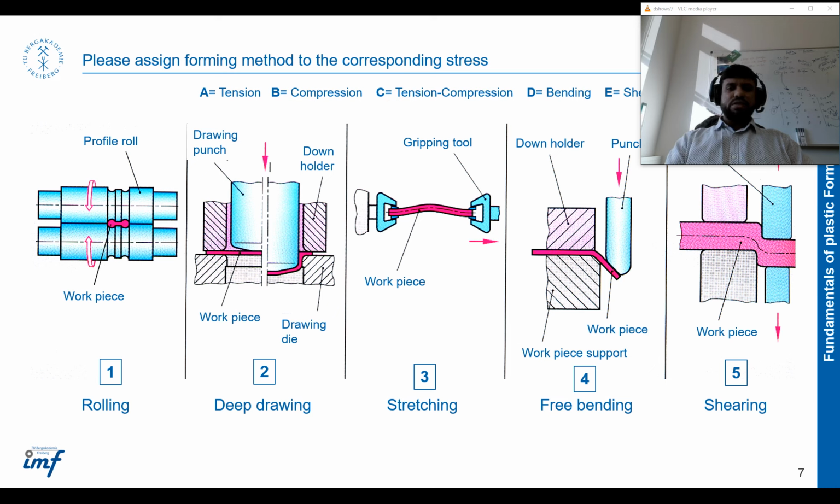I will start the poll here, and you can vote on what you think is the right option for process 1, which is rolling.